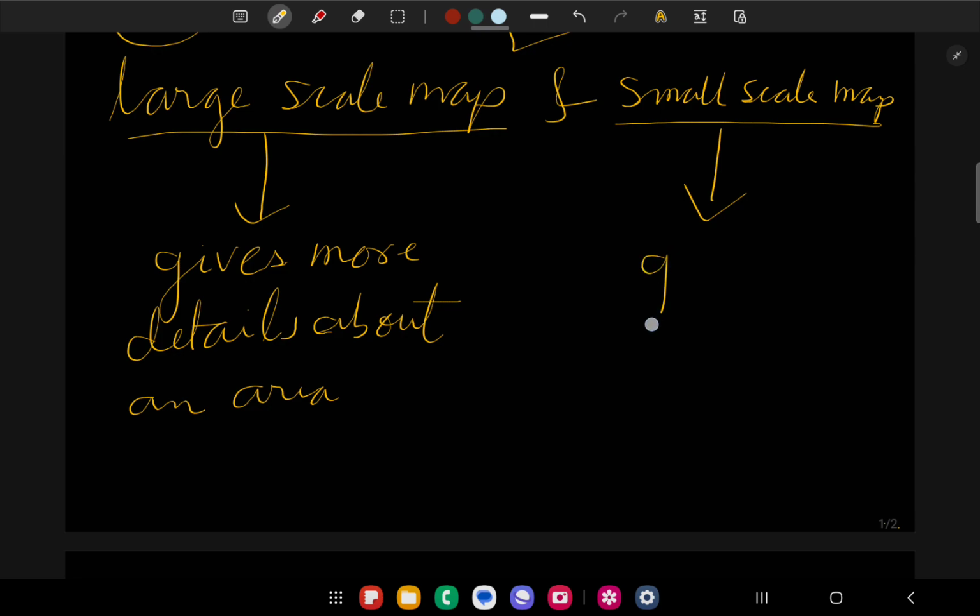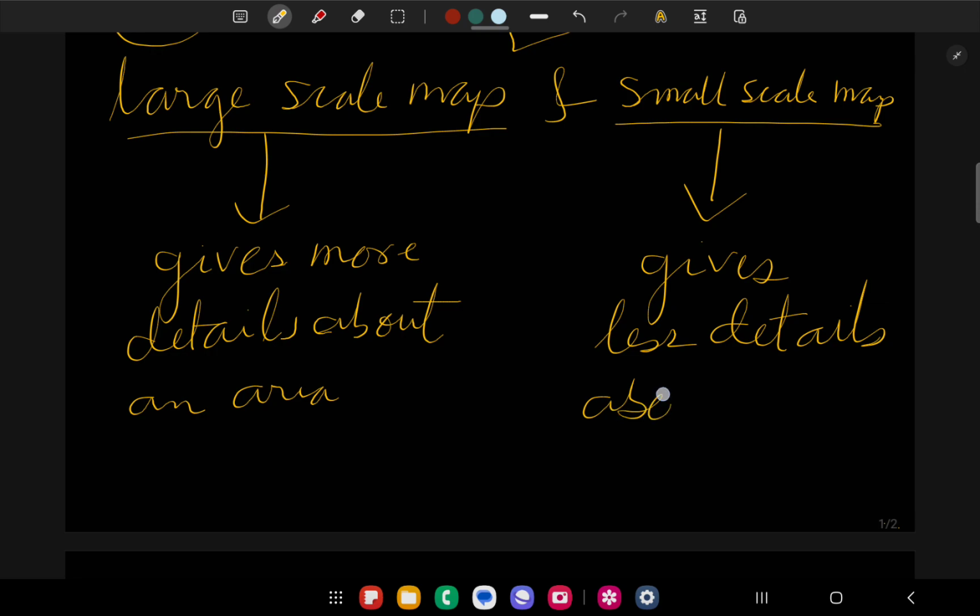If it gives less details about an area, then we will call this a small scale map.